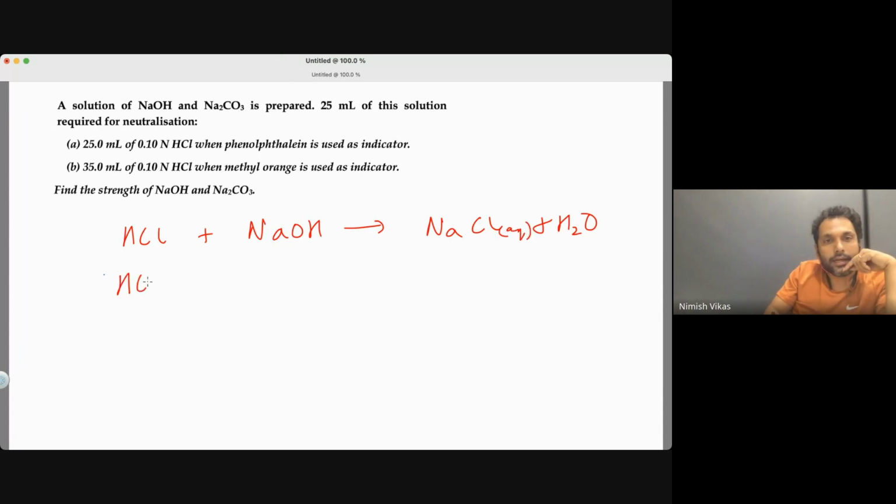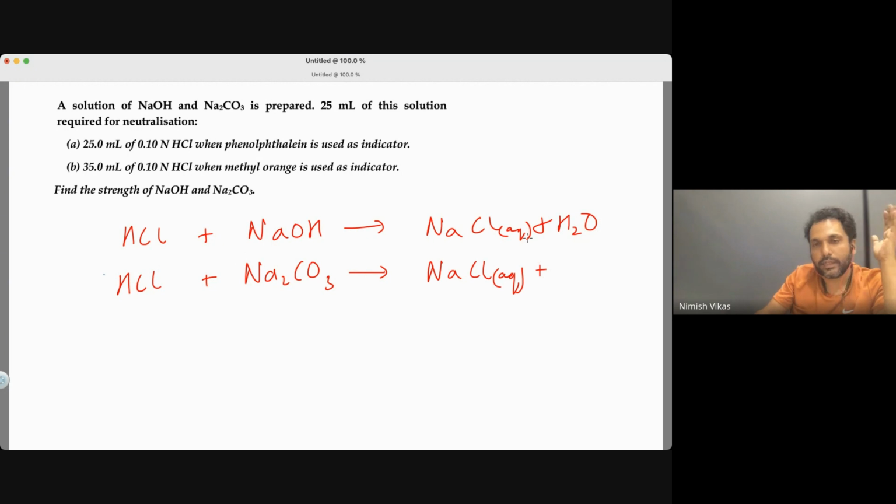When HCl reacts with Na2CO3, then obviously first one Na is going to get replaced. When one Na gets replaced and one Na comes over here with Cl, what will that form? NaCl, obviously. Aqueous, which means Na plus and Cl minus just floating around. And the H is going to go over there instead of Na.